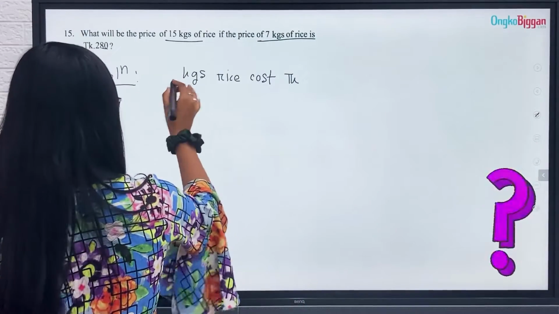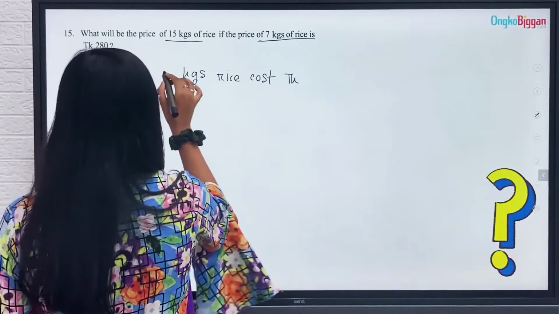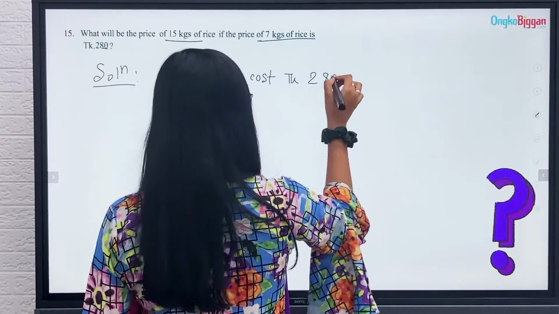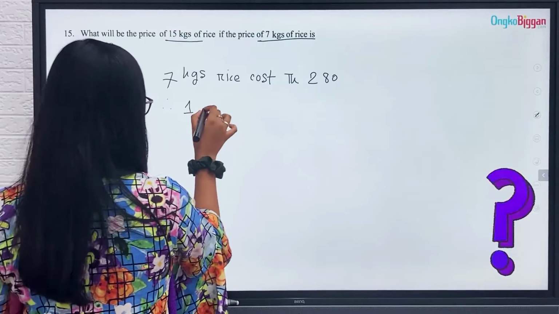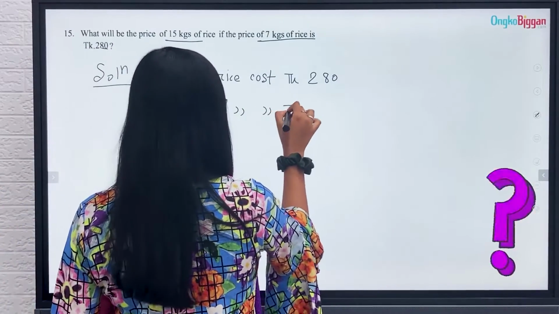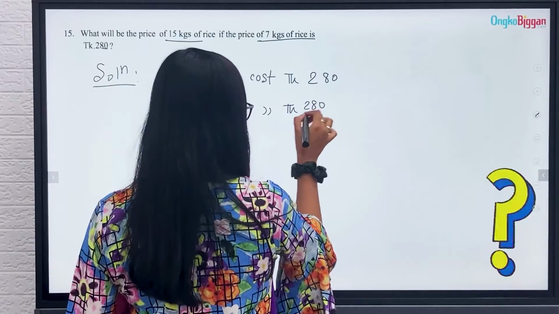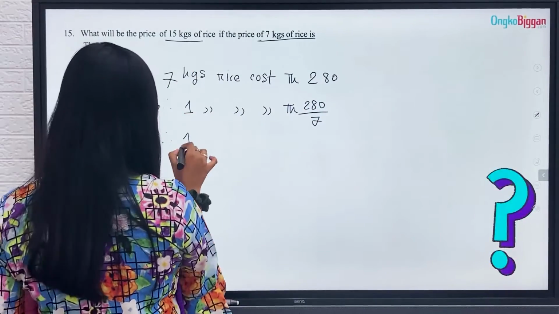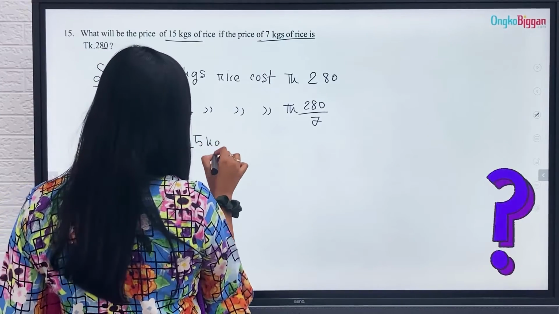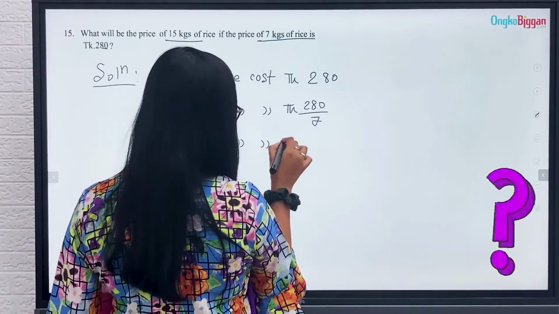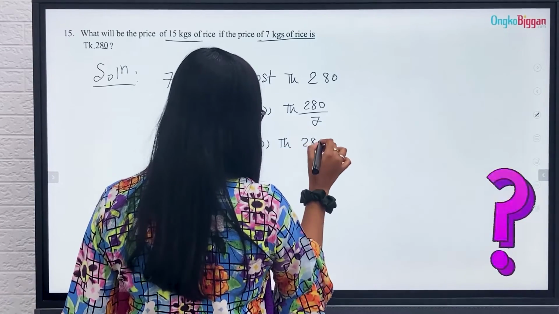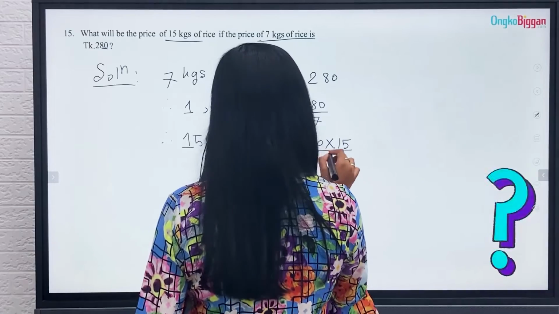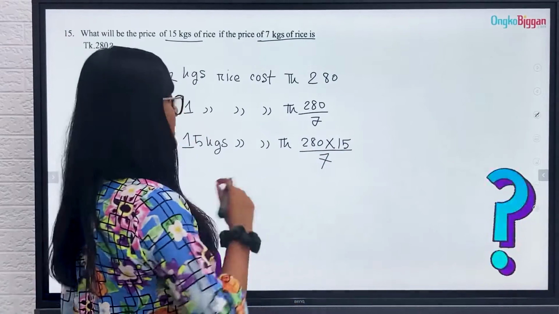Here we have 7 kgs of rice cost taka 280. Therefore 1 kg rice costs taka 280 by 7. Therefore we have to find out for 50 kg. So 50 kg rice will cost taka 280 into 50. It will obviously be more than 1.